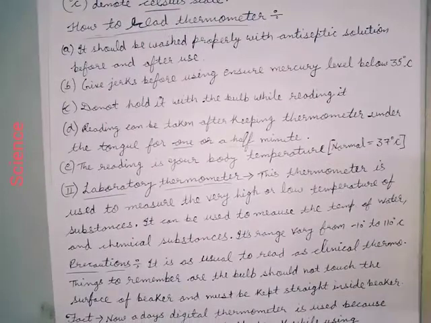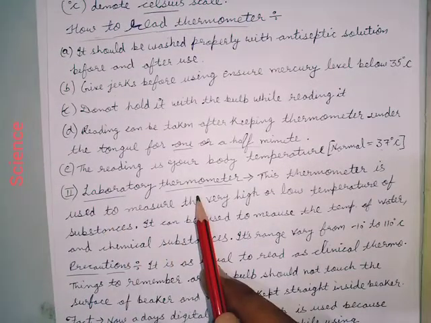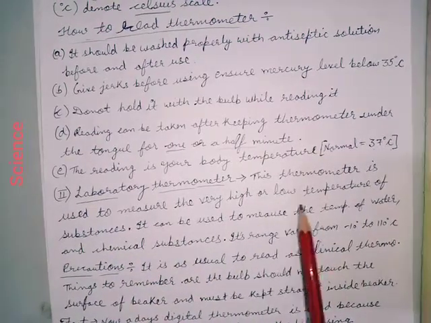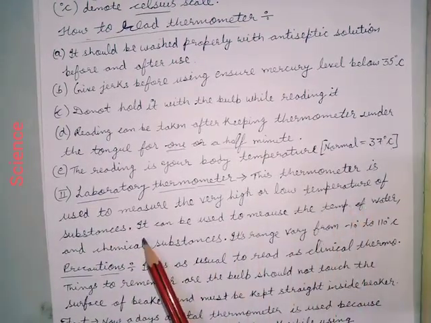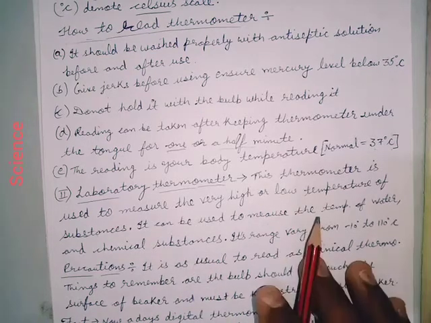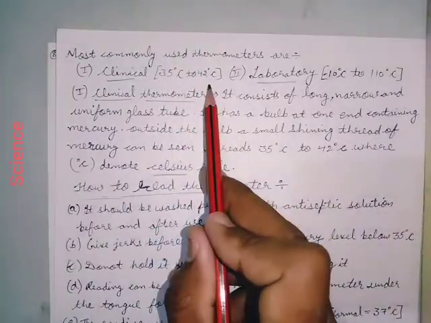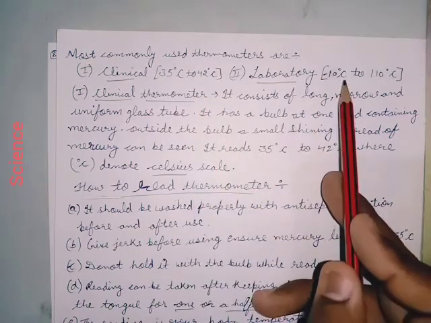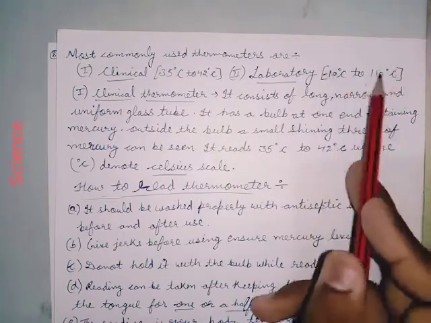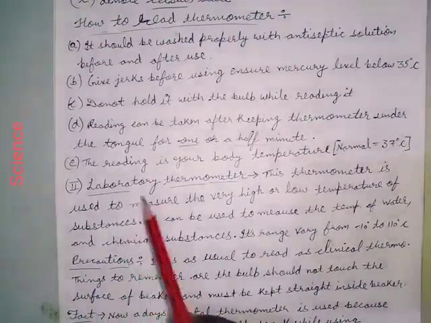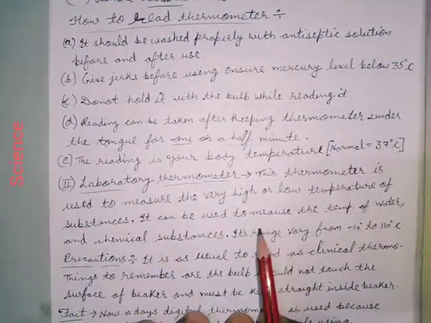The next one is the laboratory thermometer. This thermometer is used to measure very high and very low temperatures of substances. As we discussed earlier, the human temperature range is 35 to 42, and if we want to measure a much lower or higher temperature of a substance, then we need another thermometer. So the laboratory thermometer has a wide range.